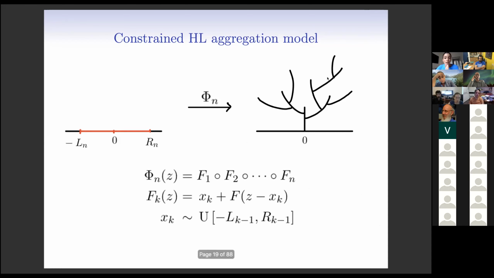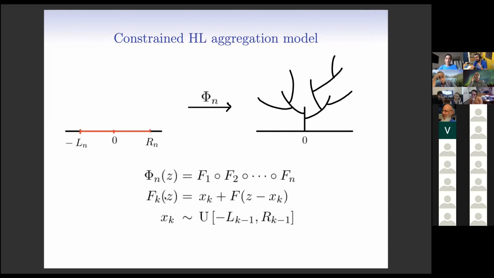And so this tells us how to build a cluster with n particles. We have to apply a conformal map phi n, which maps the upper half plane to the upper half plane minus the cluster. And this map is random. It's given by the composition of n random conformal maps. The way these conformal maps are random is via the attachment locations.